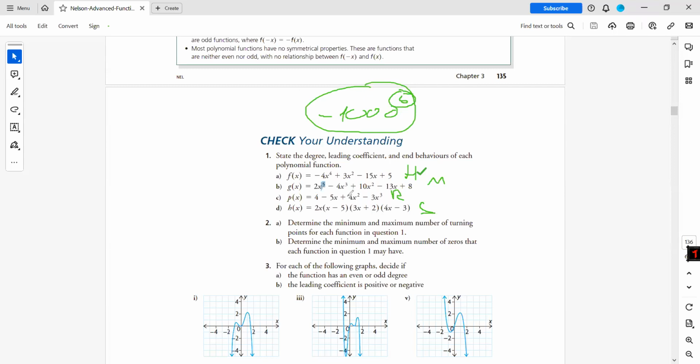This is an odd degree function, so it will be a big negative number. So when x travels to negative infinity, y travels to negative infinity. You're absolutely correct, but preferably say as x approaches negative infinity, f of x approaches negative infinity.